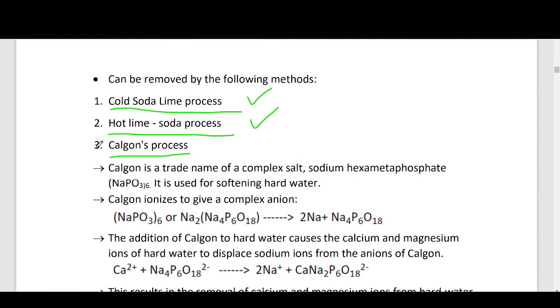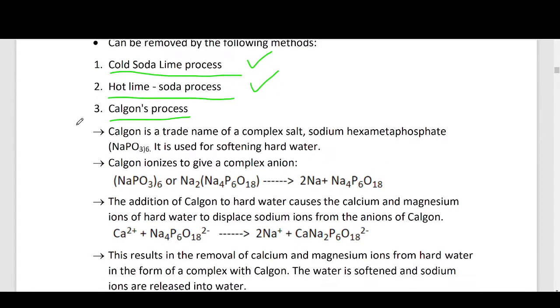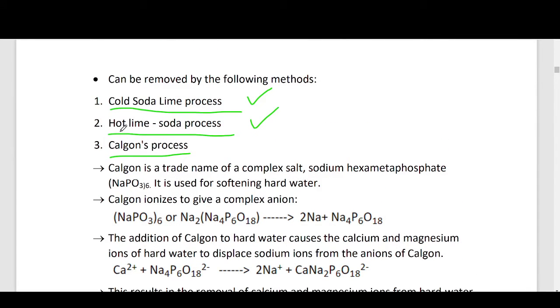So these three are very important methods. These two are discussed later, but Calgon is discussed here. Calgon is a trade name of a complex salt, sodium hexametaphosphate, (NaPO3)6. It is used for softening hard water. Calgon ionizes to give a complex anion.